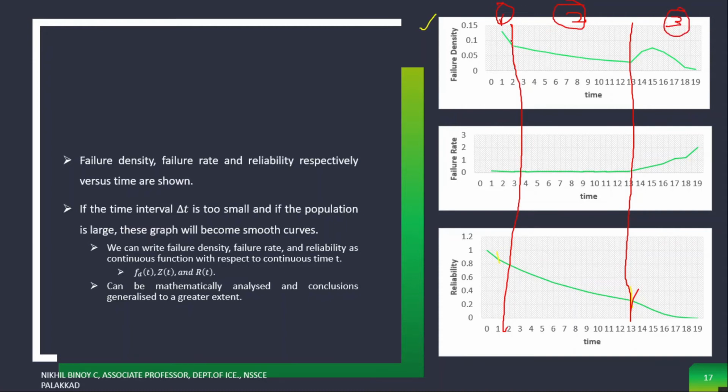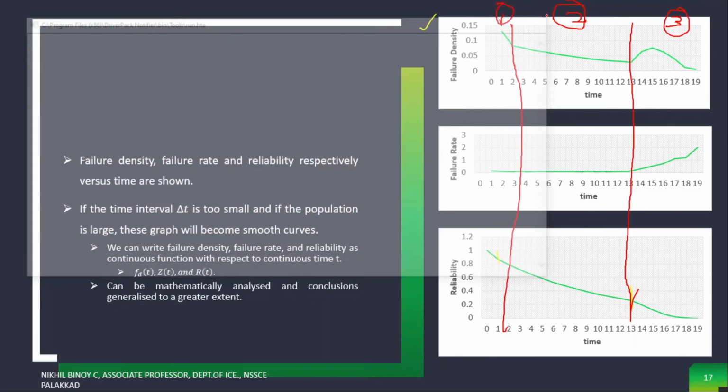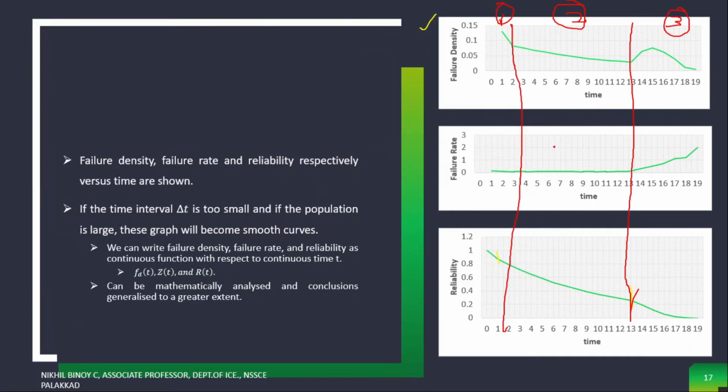If you consider these three graphs, you can see three different zones: first zone, second zone, and third zone. What about the first zone? If you are taking failure rate, it is decreasing. In the second zone, failure rate is constant.